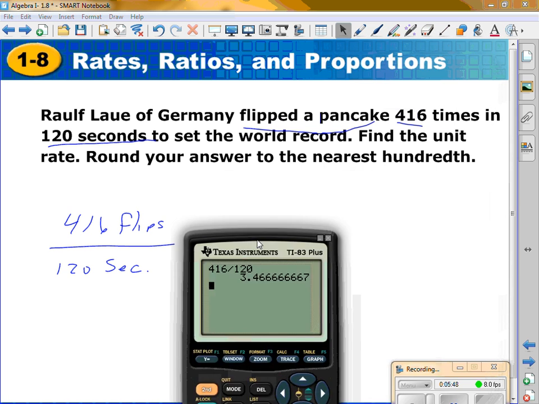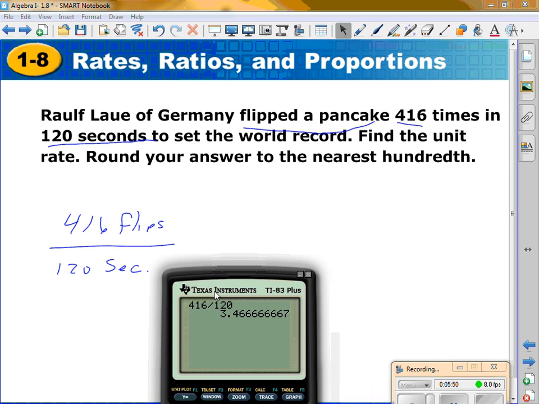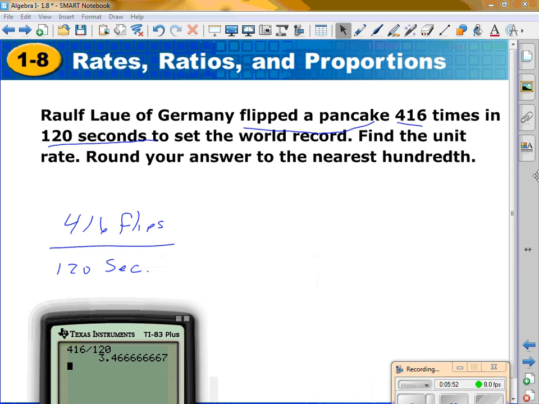So I get, now it says to the nearest hundredth, so 2 decimal places. So that means 3.4, what number do I put? 7. Why 7? 6 is higher than 5, so it rounds up. So it's 3.47 flips per second.